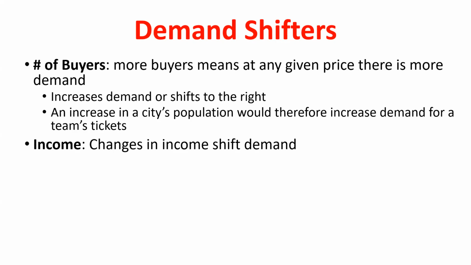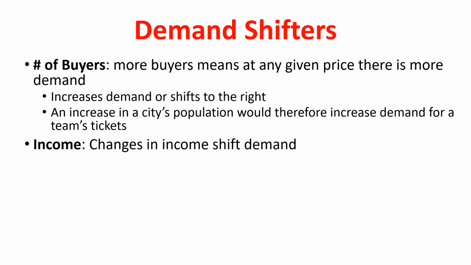Now, even if I keep that price constant at $100, if the city's average income then increases to $100,000, well, now there's more people with disposable income. Now they might be more willing to pay that same $100 for a ticket. So anytime we see increases in income, we should think about that as there'll be increases in demand for a product as well. Now that's for most products, right?